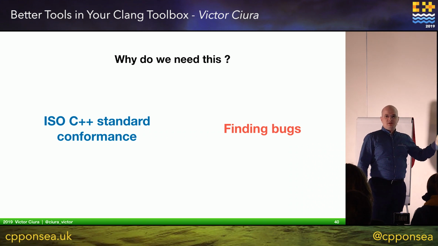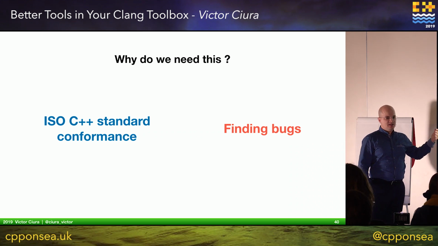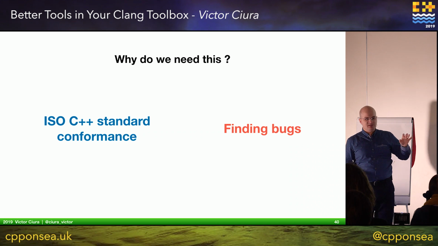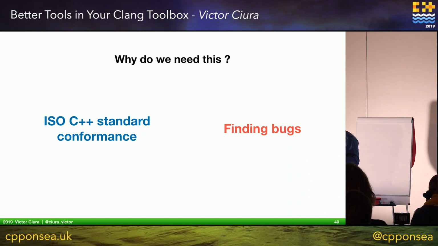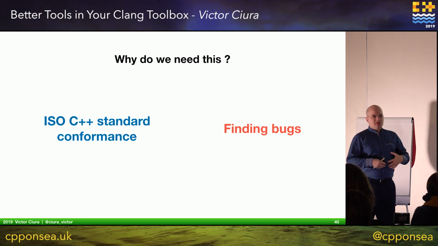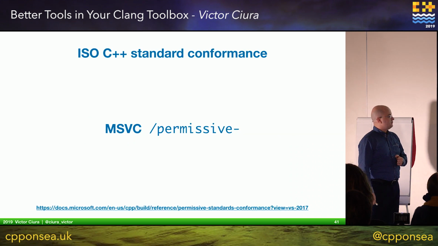Maybe you're not doing cross-compiler or cross-platform work, but staying conformant really helps you be a good citizen and not make huge mistakes by leveraging non-standard language extensions. Because if the compiler allows them, and traditionally they've been there for years, people are going to leverage them and bad things usually happen. So it's all about finding bugs.